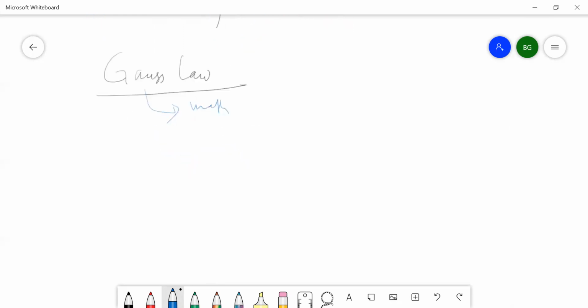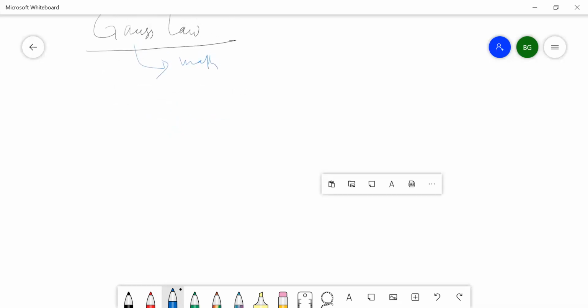So before that, I will give you an illustration. If we consider a point charge particle, let's say big Q here, and let's say this is positive.